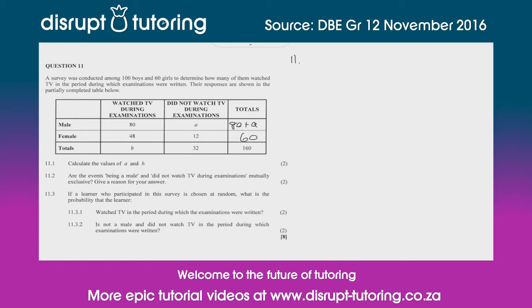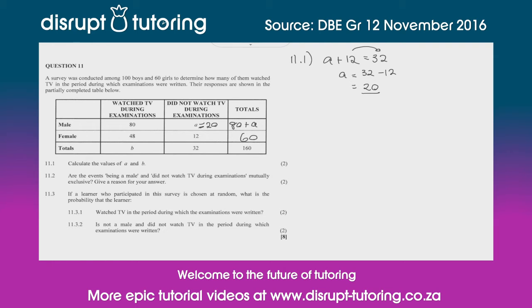So that'll be our first step. So this is 11.1. We can say A plus 12 will equal 32, and it's a simple equation, so we take the 12 across and we get A equals 32 minus 12, so that leaves us with an answer of 20. Cool, so we know that A is now 20.